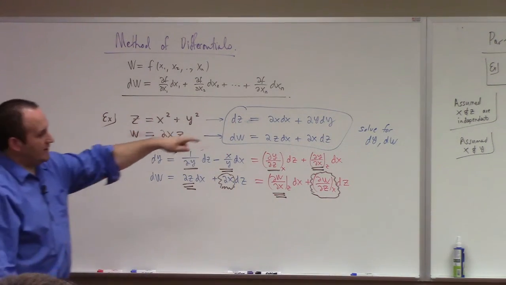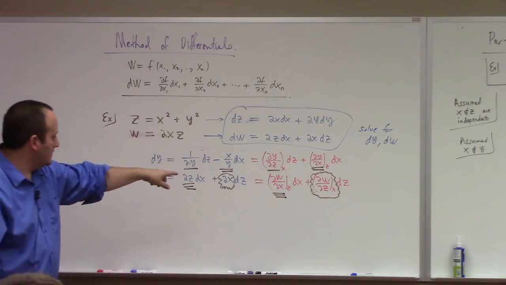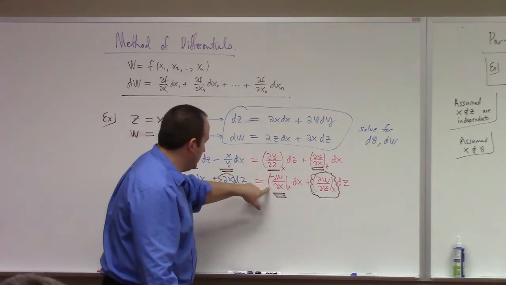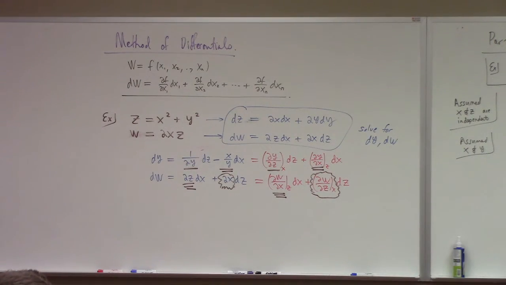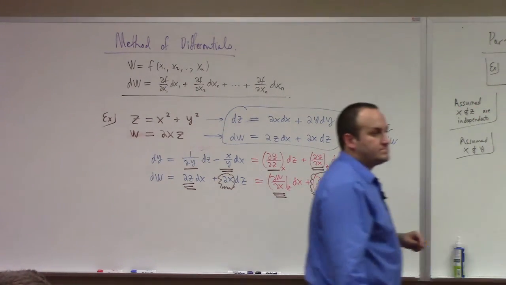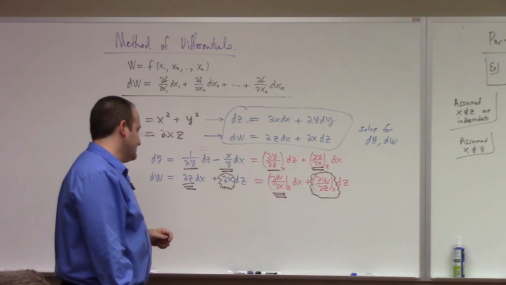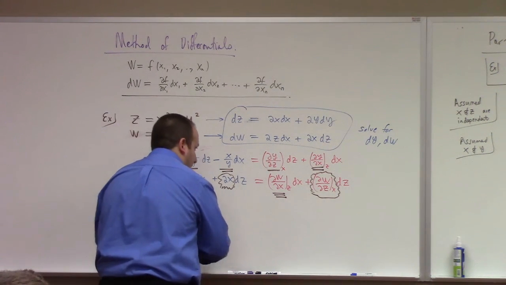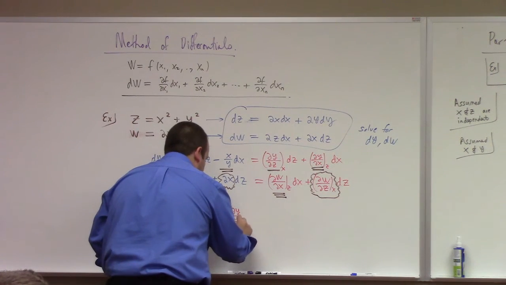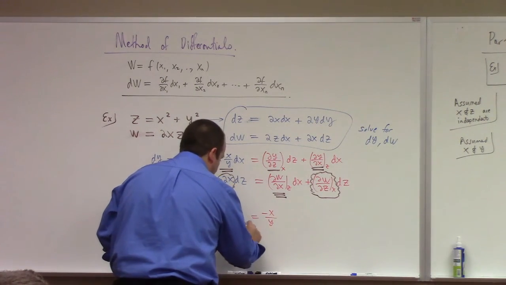But as you can see, that's what we calculated, right? Partial w, partial x holding z fixed was 2z, right? That's what we got. See it? Yep. For the dy, it equals the 1 over 2y, minus x over y, so partial y, partial x holding z fixed is minus x over y.